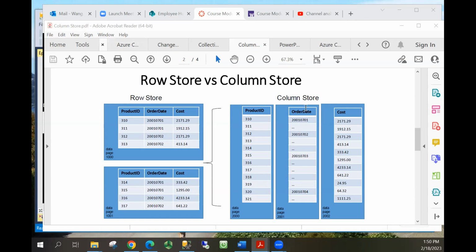Okay. On the other hand, column store is very good for supporting reporting, right? So when we do data analysis, when we do reporting, usually what is our primary focus? You think about different scenarios, right?